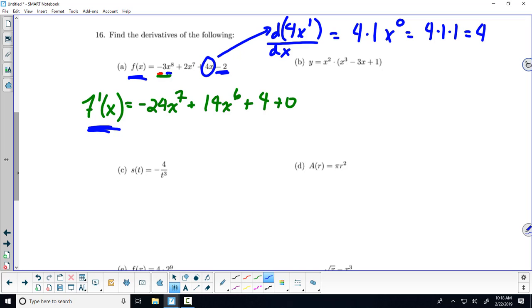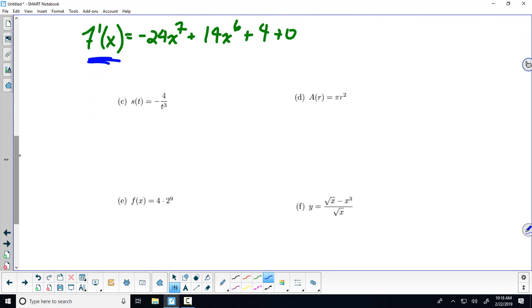All right. Somebody asked, how do we do C? You could change it to s of t equals negative 4t to the negative third power. So Freddie's exactly right. This is going to be a common skill in this class. We have somewhat limited rules right now for taking derivatives.